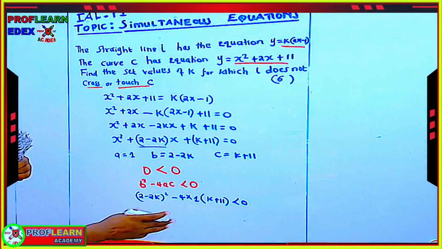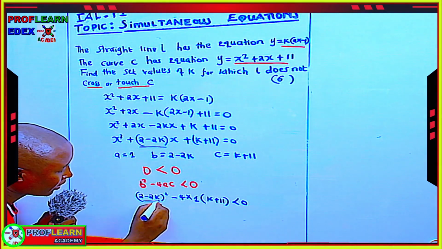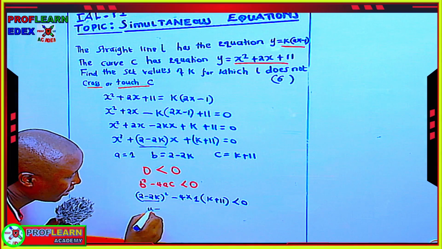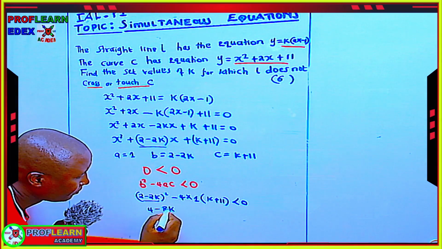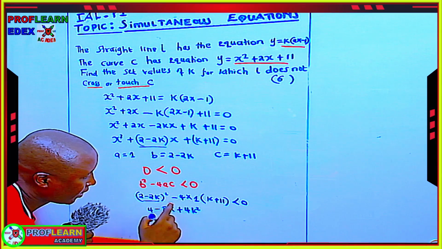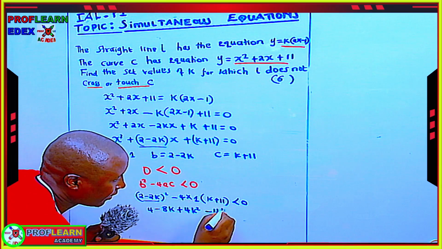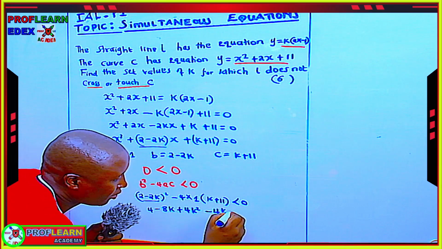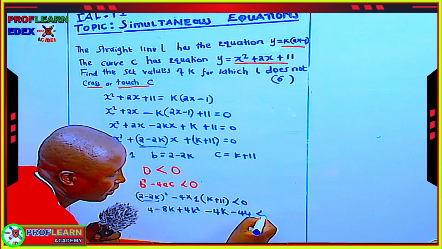So with this, what are we going to do? We shall open this bracket. Opening this bracket is going to reduce to 4 minus 8k plus 4k squared. Then minus 4 times k is minus 4k, and minus 4 times 11 is minus 44, and everything is less than 0.